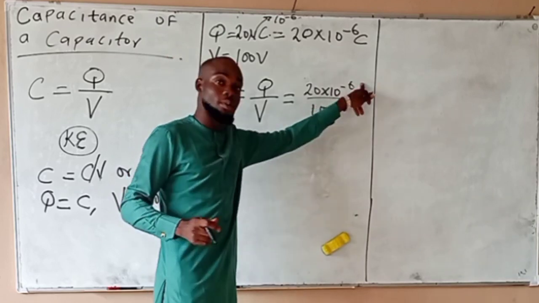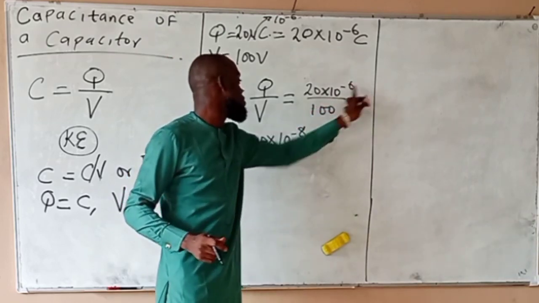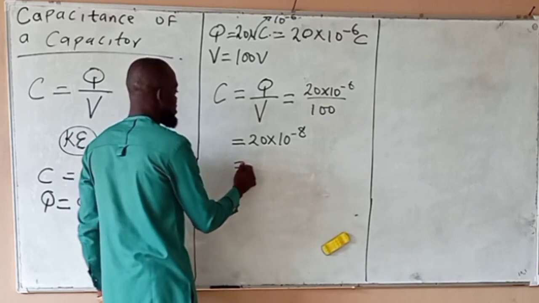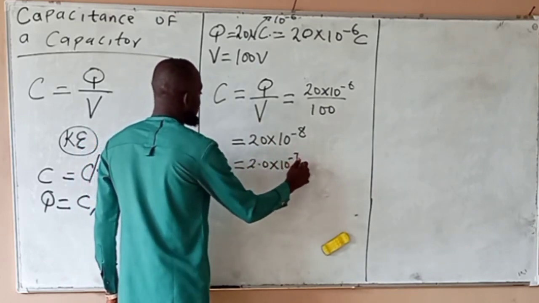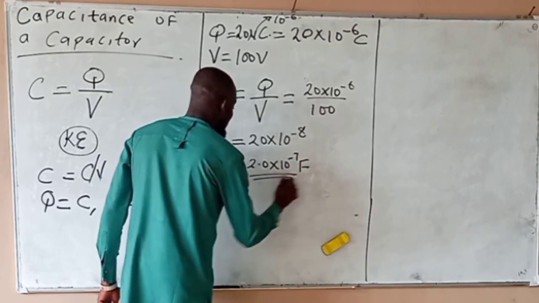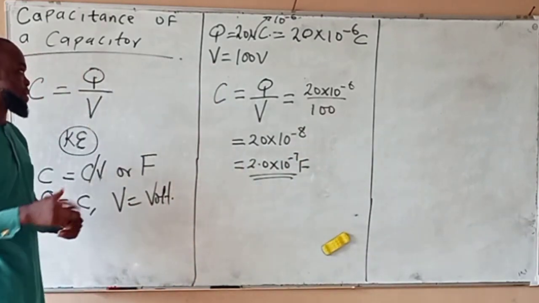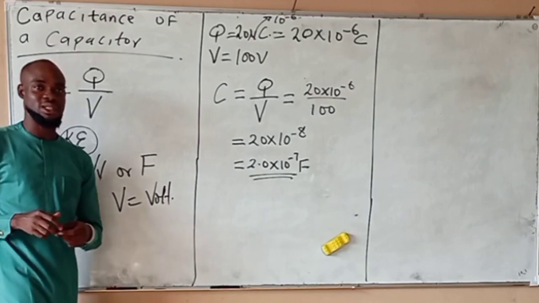If that 2 moves up, we change it to minus, then minus 6 minus 2 gives us minus 8. So this will give us 2.0 times 10 raised to the power minus 7 farad. That will be the capacitance of that capacitor.